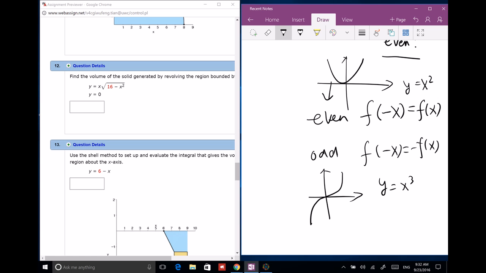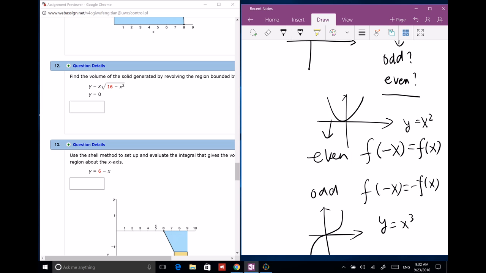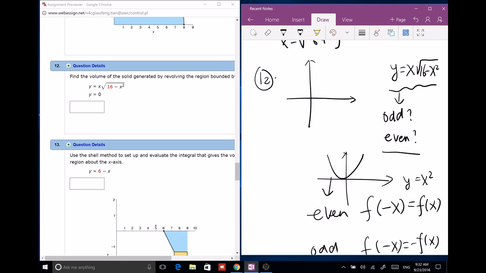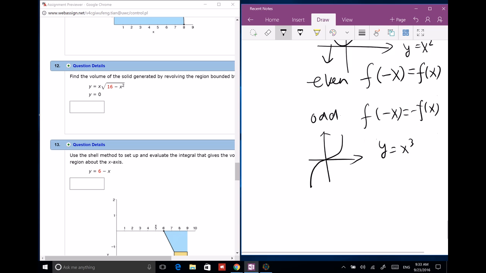So now I told you the definition of even and odd function. How about this one? Is it an odd function or an even function? Odd function, very good. Why is that one an odd function?